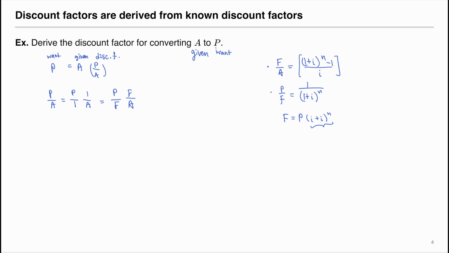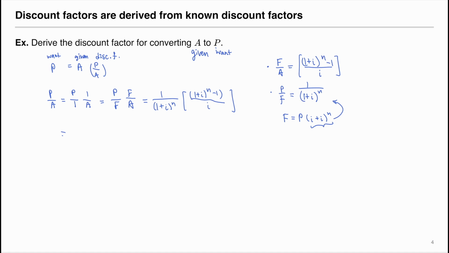And therefore we have P over F equal to 1 over the compound interest factor. And therefore we can plug things in. We have 1 over (1 plus i)^n multiplied by the other discount factor we just derived.